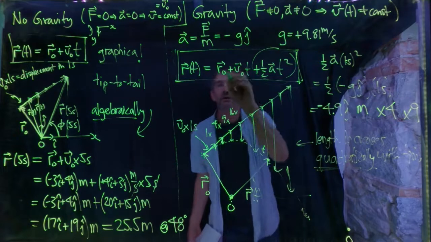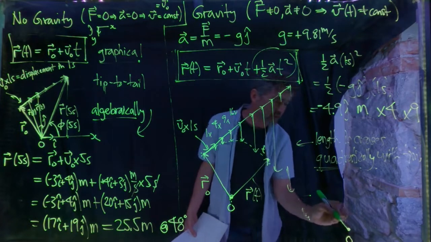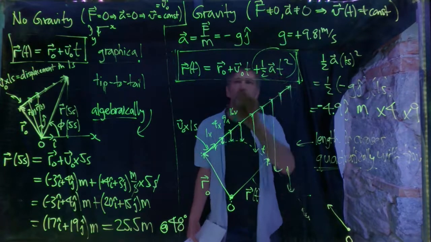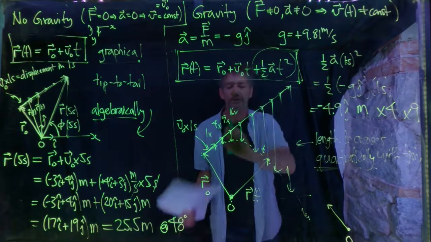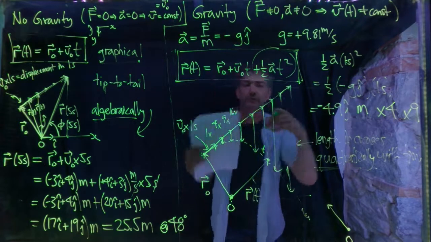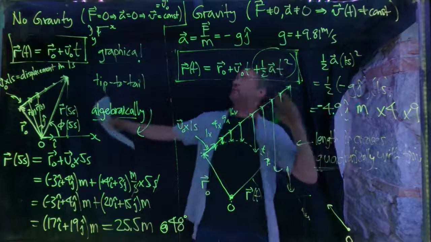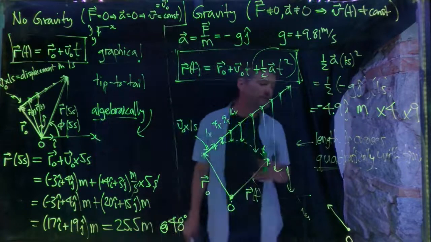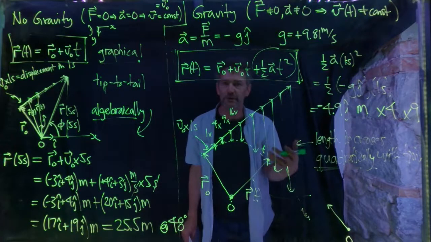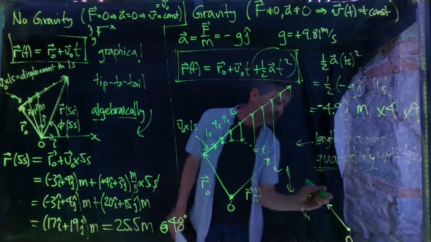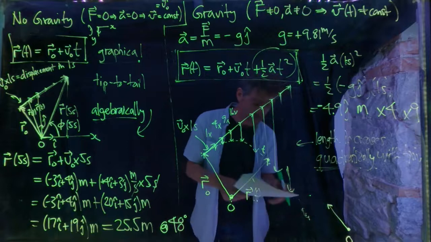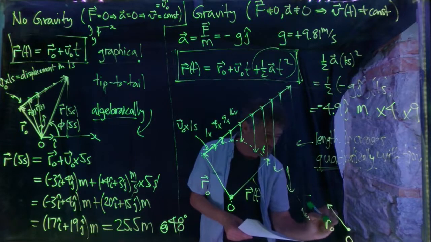You start at the initial position vector r0, and then you add to that the displacement the object would have if there was no gravity. If you just threw the baseball and there was no gravity, it just went on a straight line with constant velocity for a certain number of seconds, it would have undergone some displacement, v0 times t.